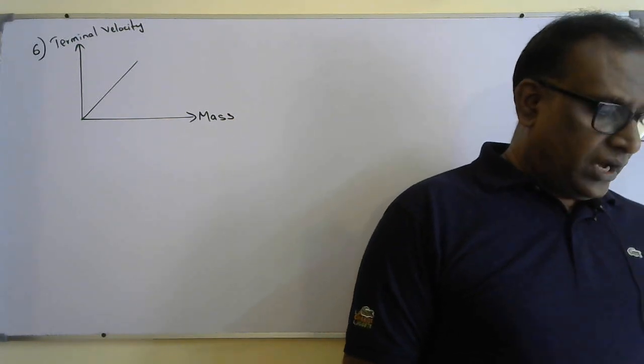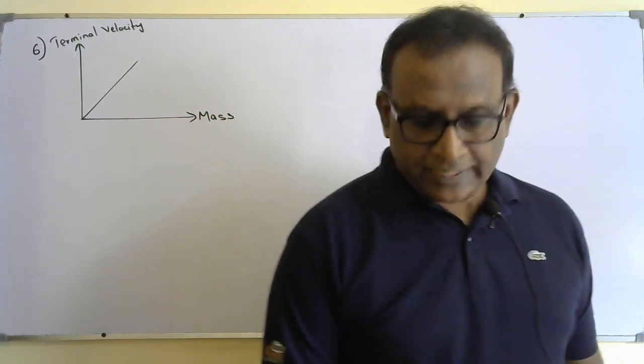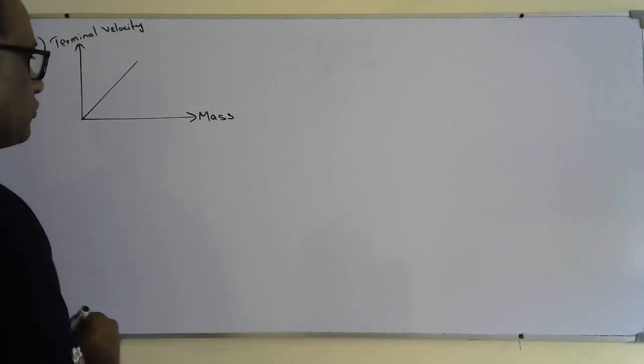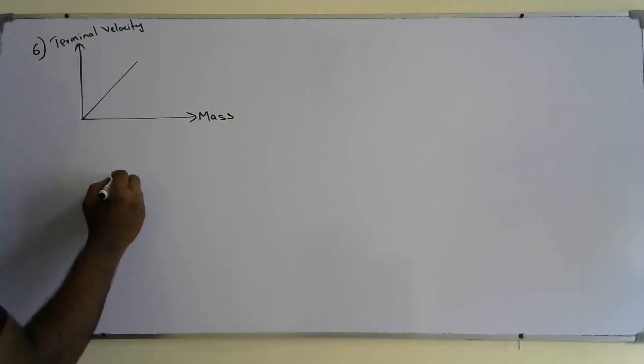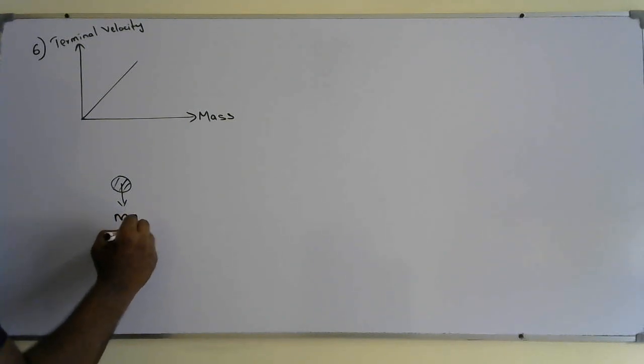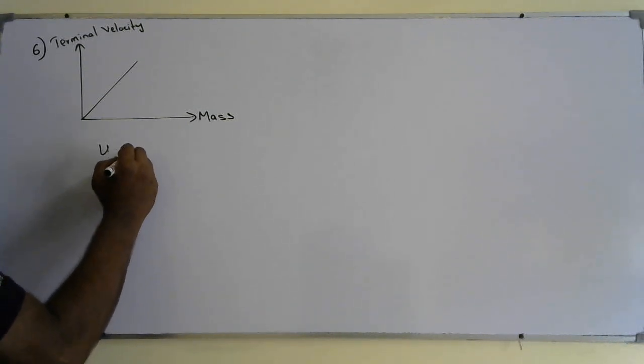Terminal velocity means where the resultant force acting on the object becomes equal to 0. So when a sphere falls through a fluid or liquid, three forces are acting on it: its weight, the upthrust, and the drag force.